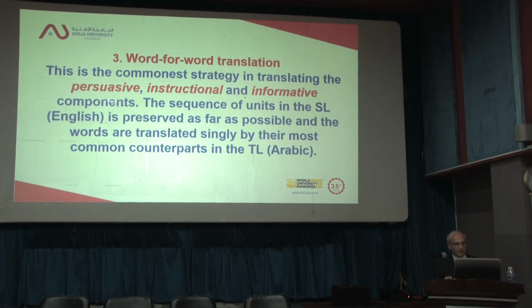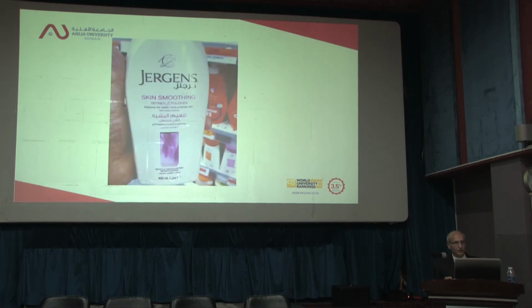Words are translated singly by their most common meaning in the target language, which is Arabic. Look at the word-for-word translation. Skin smoothing, تنعيم البشر, refines and polishes, ينقي ويصقل, and so on.